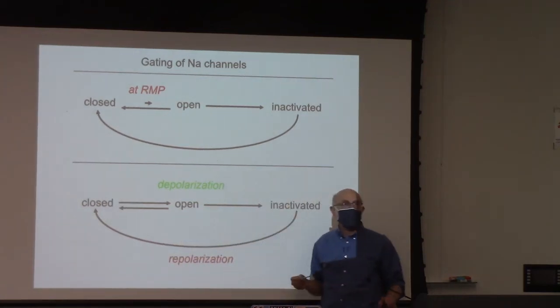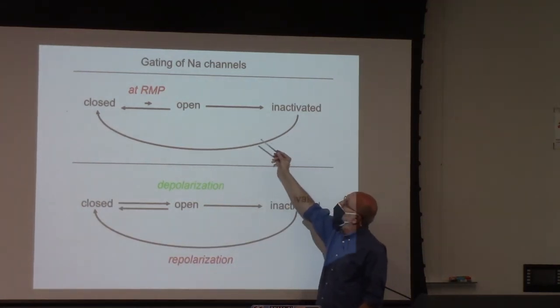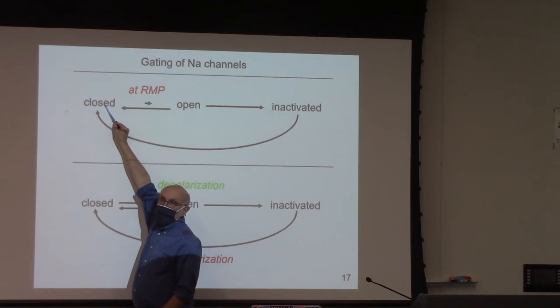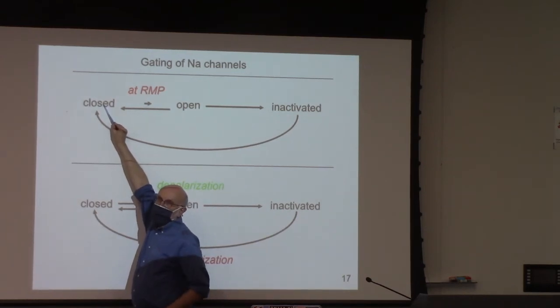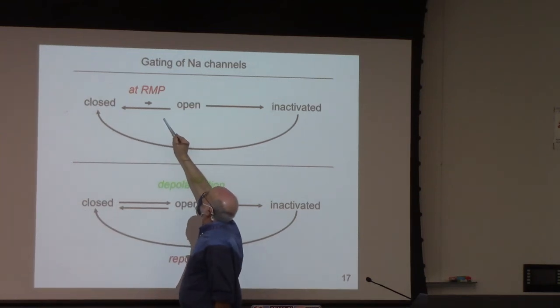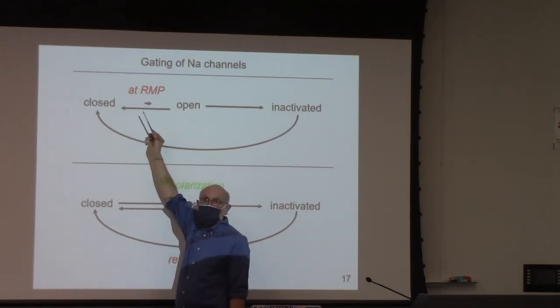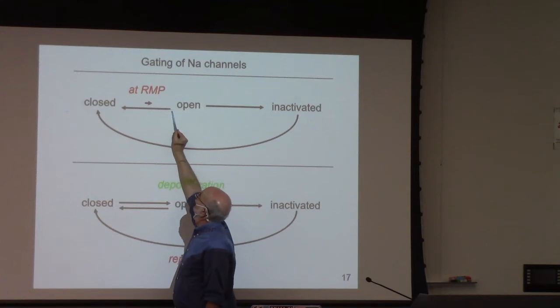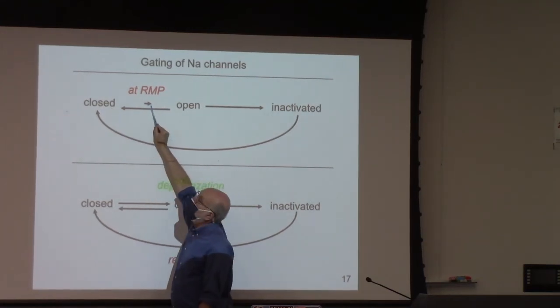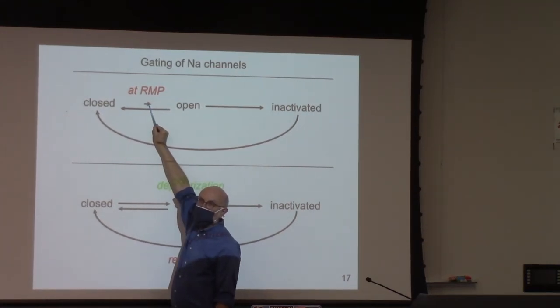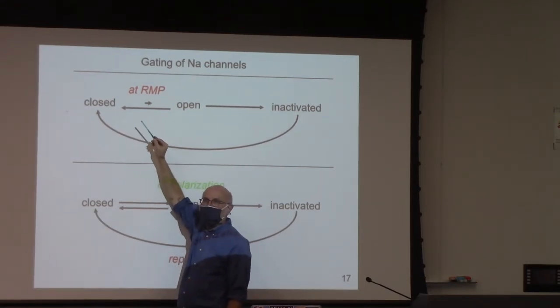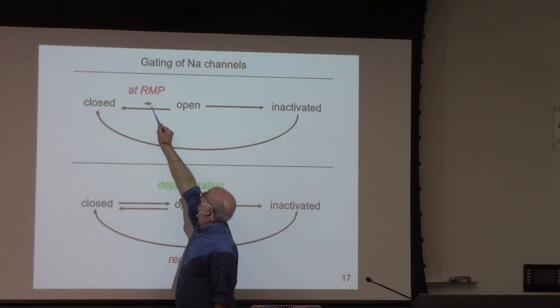So this is a state diagram. It shows that at rest, voltage-gated sodium channels are closed. At the resting membrane potential, most of them are closed. Very, very few of them are open because they have not been stimulated to open. They could open, but they have not received the stimulus.